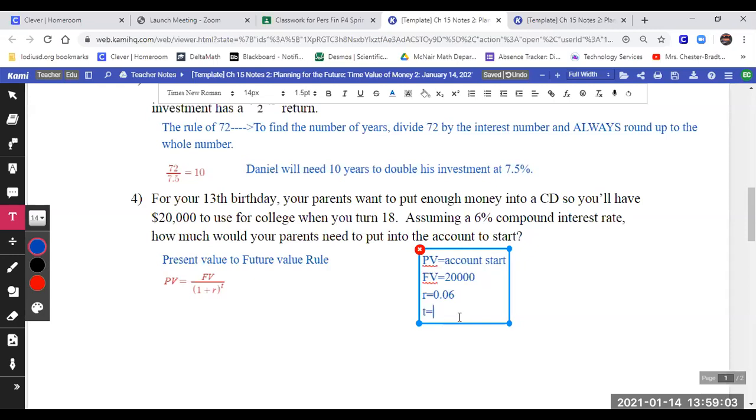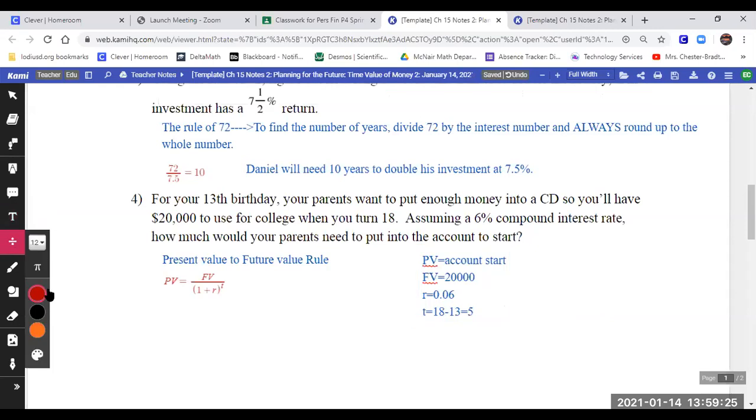No. Read the whole story. Yes, only 5 years, because for your 13th birthday and to use when you turn 18. So that was the 18 years minus the 13 years. 5 years is what we have available. Okay, so go get our equation.